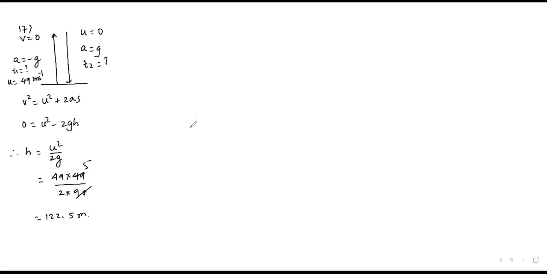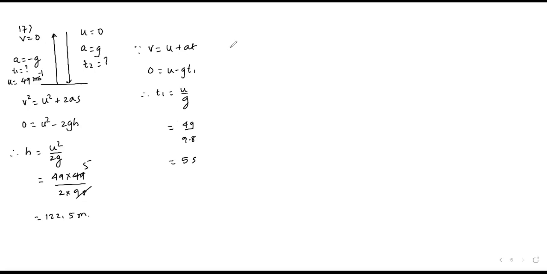Now time is asked, so how do we get time? Since v is equal to u plus at, 0 is equal to u minus g t1. So I can write t1 is equal to u upon g. U is 49 upon 9.8. It is 5 seconds.